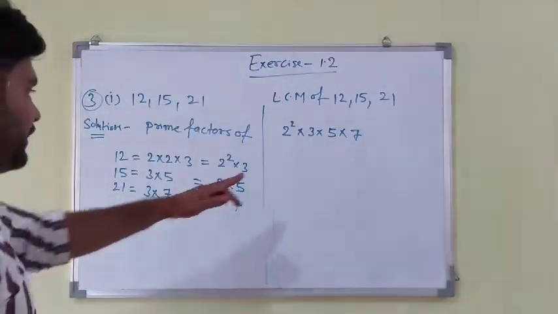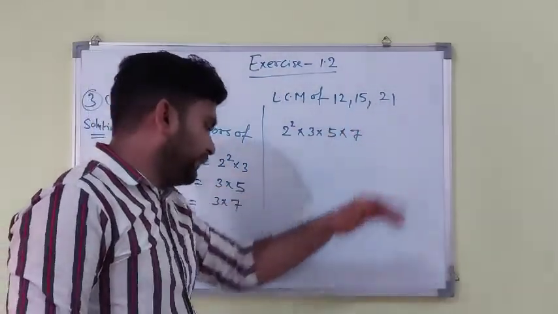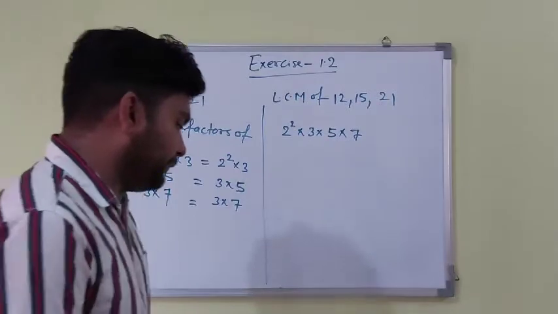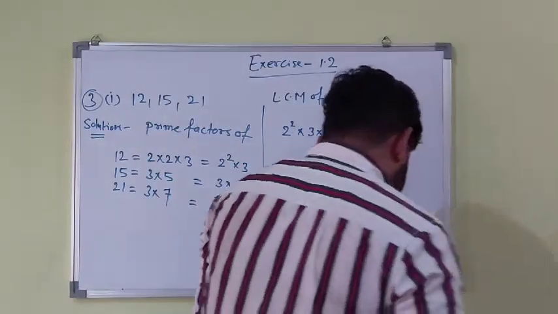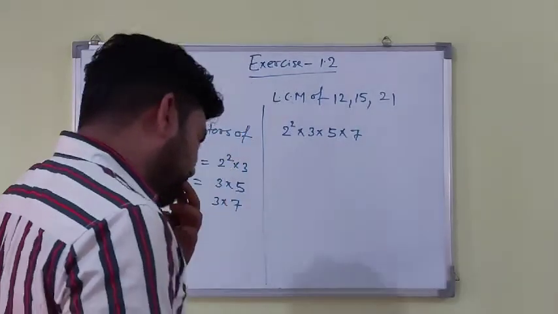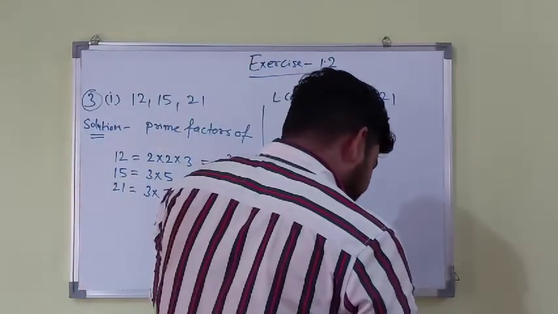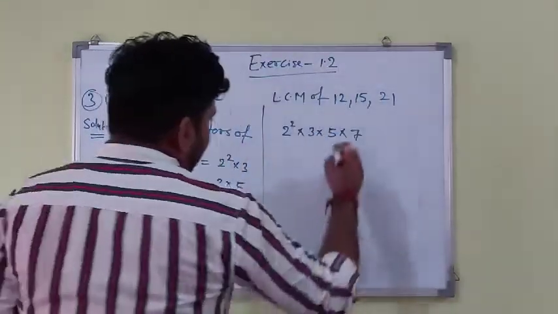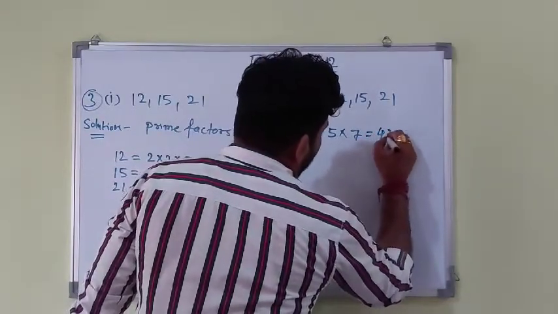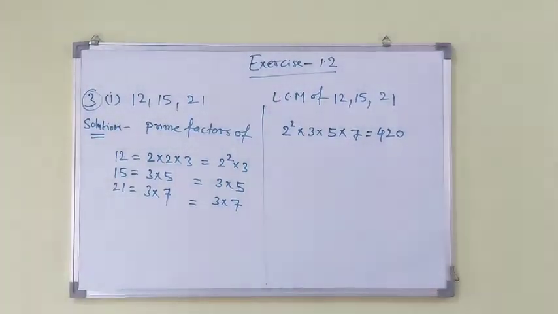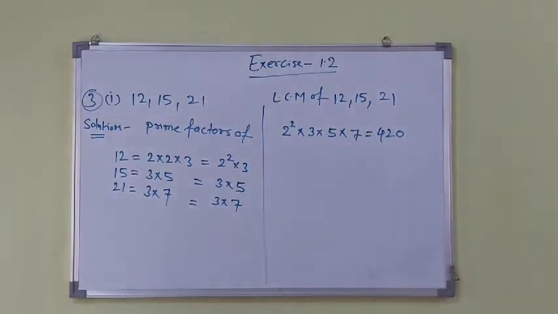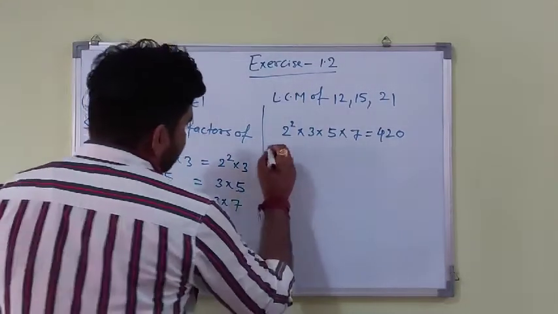These numbers give the LCM of 12, 15 and 21. When we multiplied it, we got 420. So the LCM is 420.